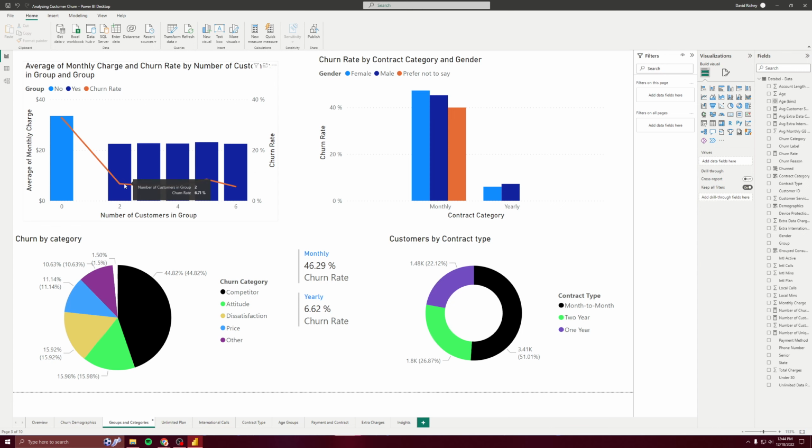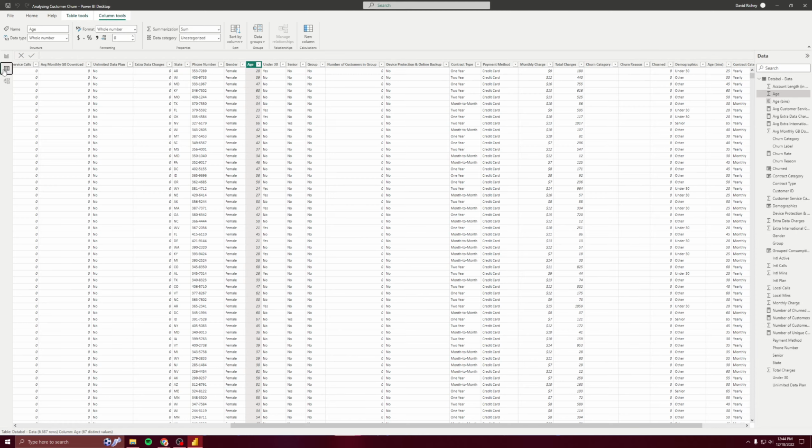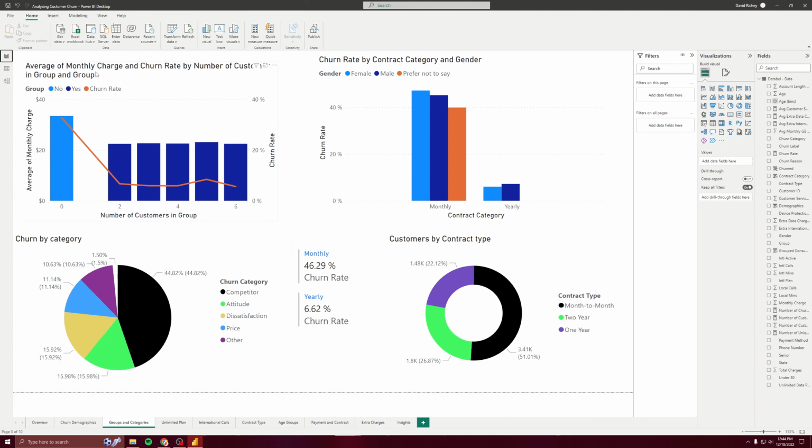But the churn rate goes down for the yes groups. I think it's if they're in a group. Oh, sorry, if they're... I was gonna say if they accept a monthly charge or not, but I don't know.